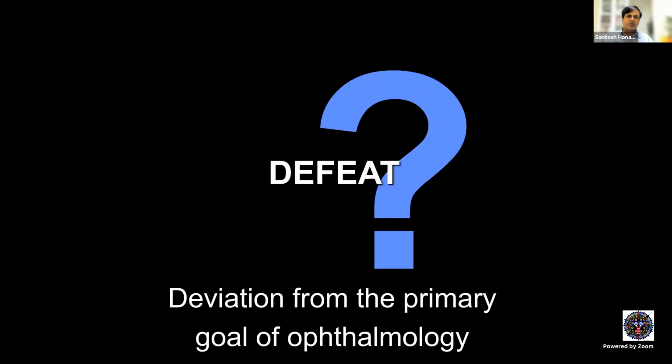When we talk about these two techniques, it's actually considered a defeat for an ophthalmologist because you are doing something that totally deviates from your primary goal. In ophthalmology, the primary goal is preservation of eye and vision, and enucleation and evisceration are diametrically opposite to these two goals, which means that you are destroying the eye.